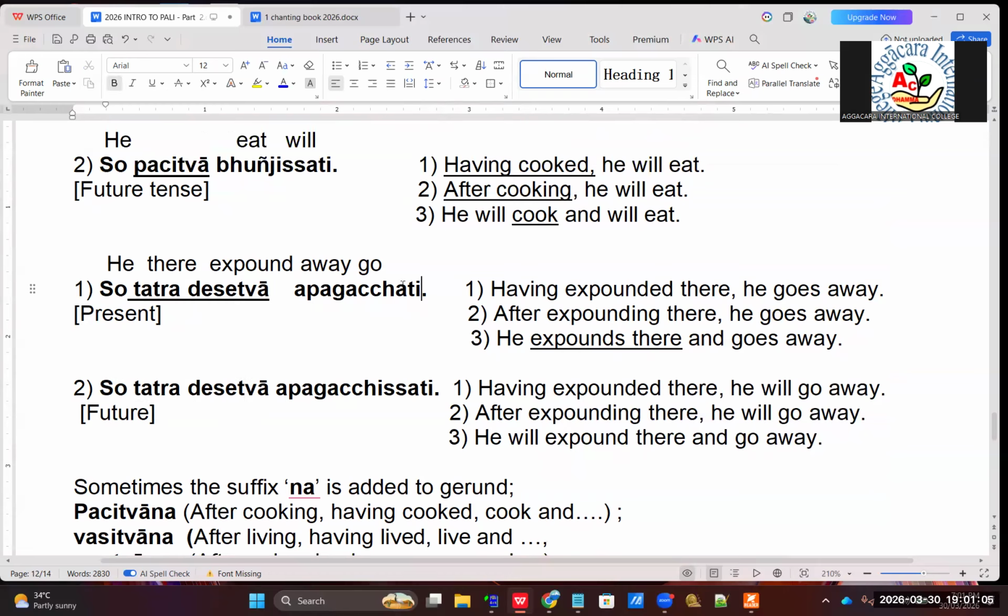Only this is present tense and this is a future tense with the isa. It's the same sentence. So a gerund cannot stand by itself, because it indicates there's something after it. It must have another verb that follows later.